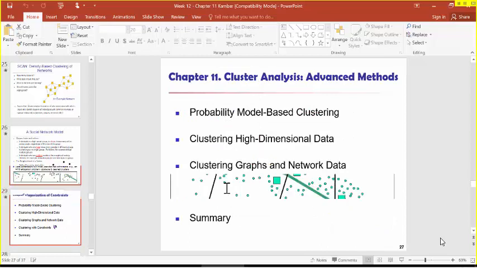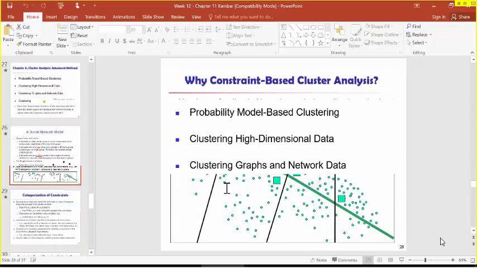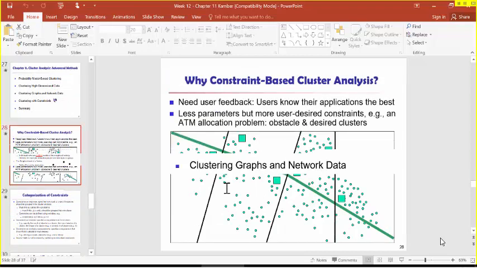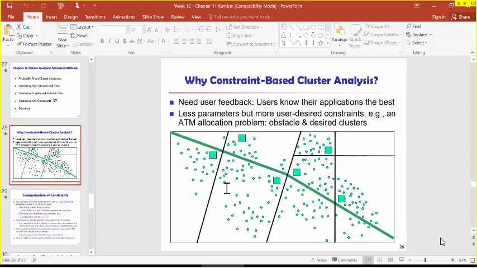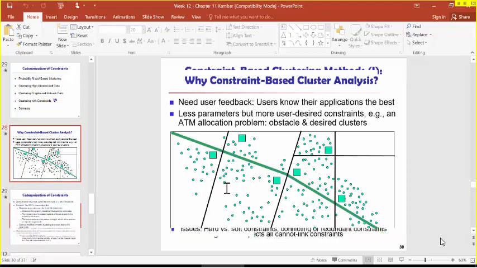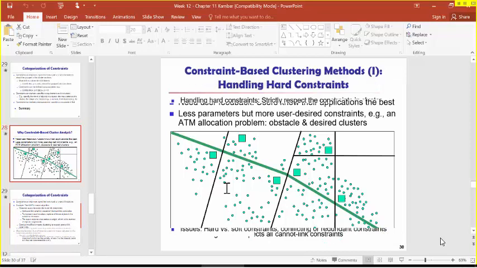The last topic for this week is clustering with constraints. Why constraint-based clustering analysis? Because we need user feedback, fewer parameters, and more user-desired constraints. Handling hard constraints means strictly respecting the constraints in cluster assignment; you have to follow them.